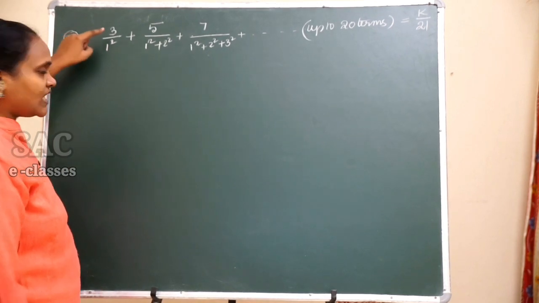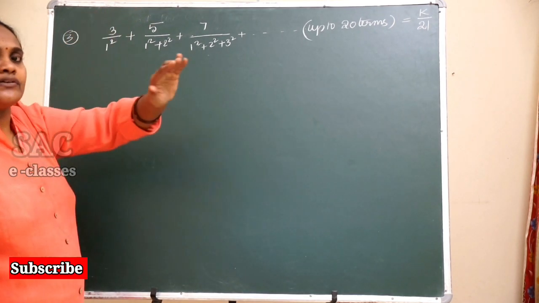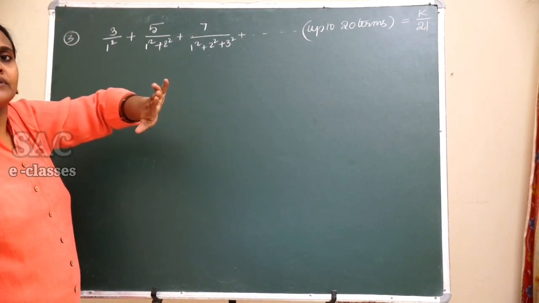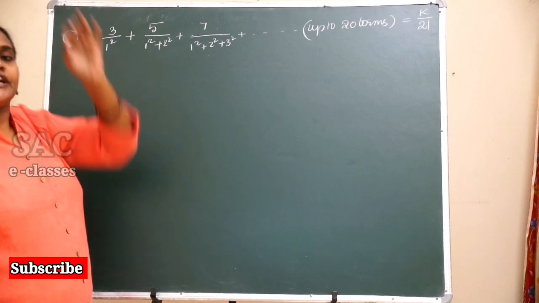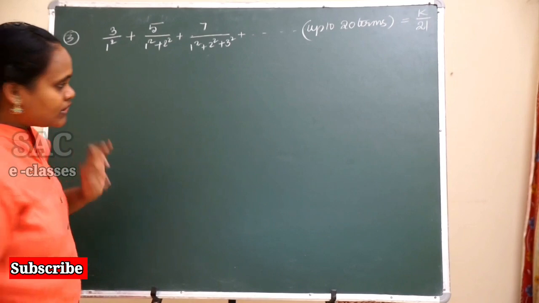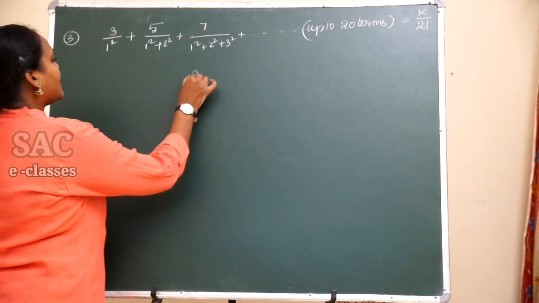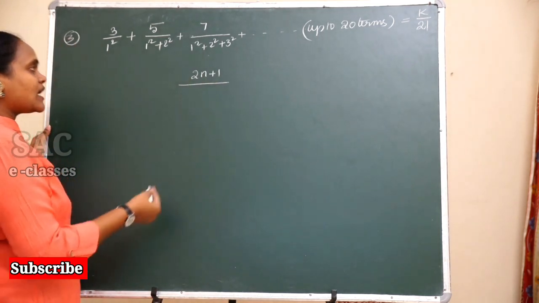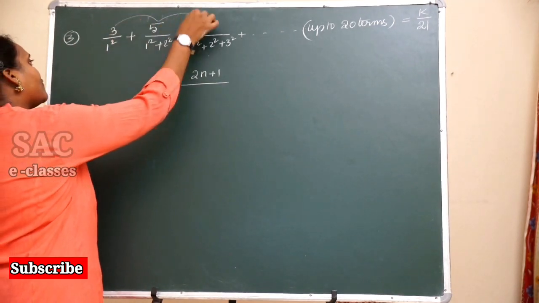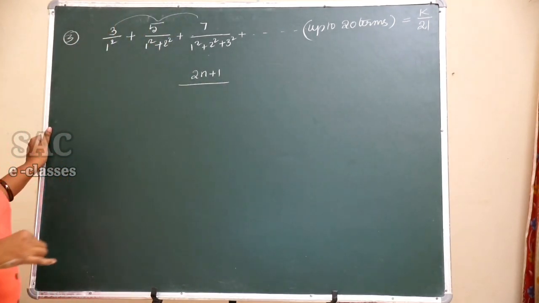If it starts with 1, 2n minus 1 is the general form of odd numbers. If it starts with 3, definitely it is 2n plus 1. So we got an idea about the numerator, that is 2n plus 1. If still not understood, use the AP formula to get the general form of the numerator.